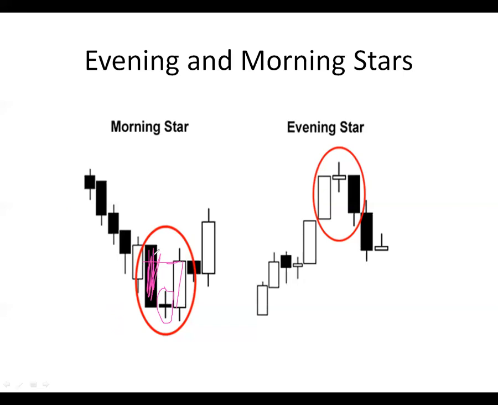So you have a bearish candle in the direction of the trend, then a candle that shows indecision, and then the next candle is a bullish candle in the opposite direction, which does almost half or more than half of the previous bearish candle. Once you see that, you are seeing a morning star formation.